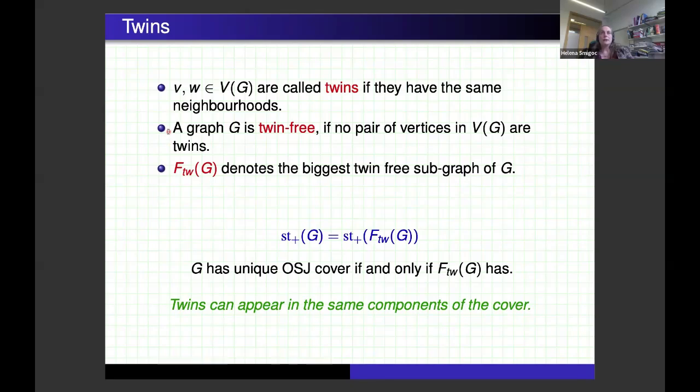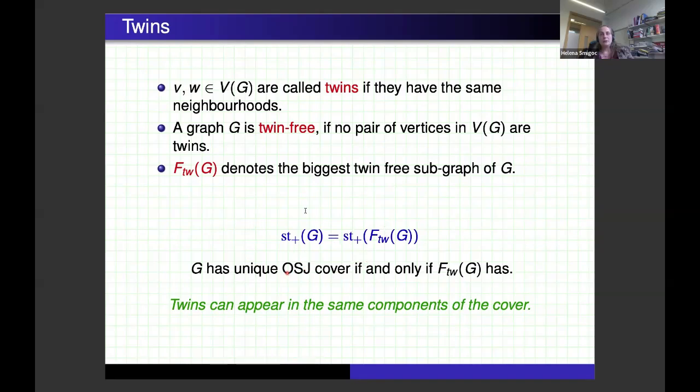This is written formally here: two vertices are called twins if they have the same neighborhoods, and the graph is twin-free if no pair of vertices are twins. And SNT-rank of G is the same as SNT-rank of the biggest twin-free subgraph of G. And it turns out that the uniqueness is also preserved. So G has a unique OSJ cover if and only if the biggest twin-free subgraph of G does.